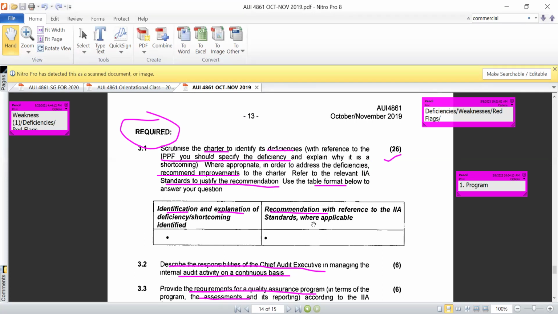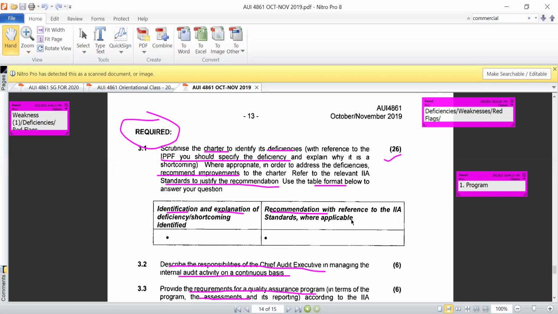In column number 2, they want you to give the recommendation with reference to the IIA standards, where applicable. Whatever you give as a recommendation here has to be referenced to the IIA standards, or as I normally call them, IPPF standards.